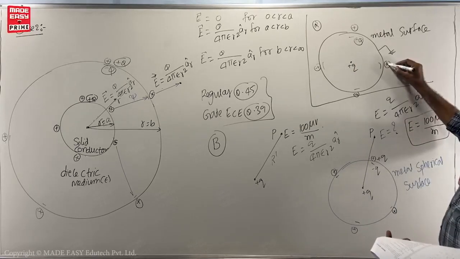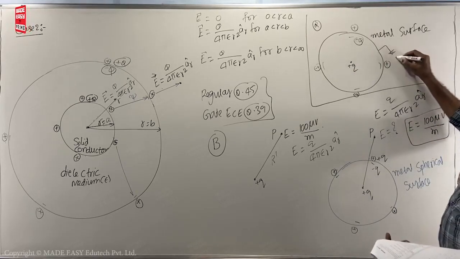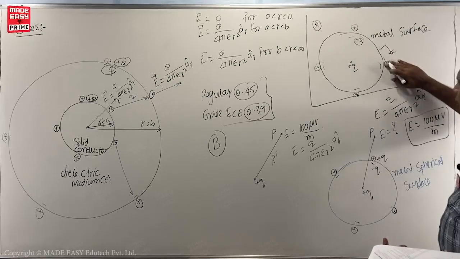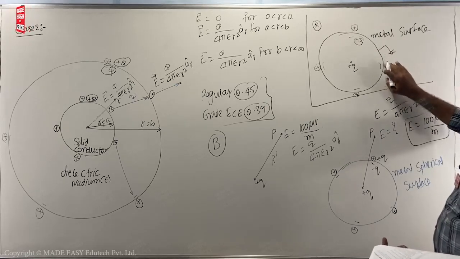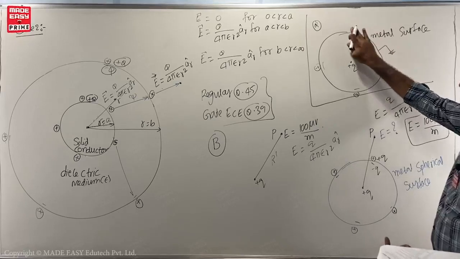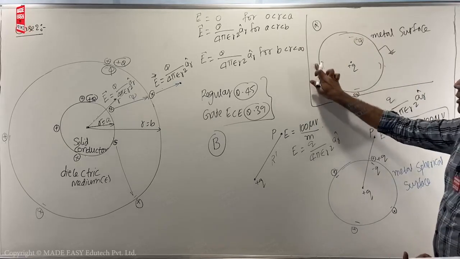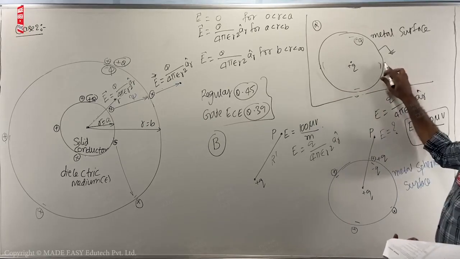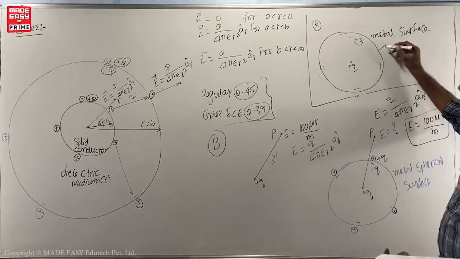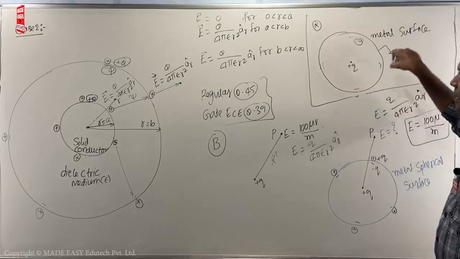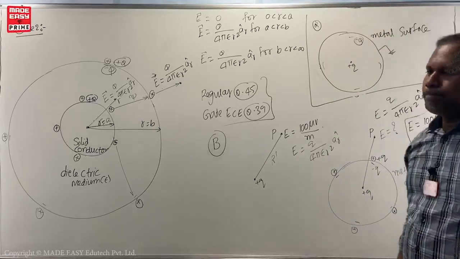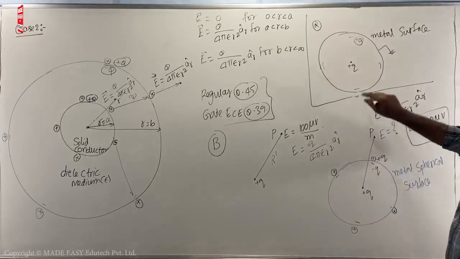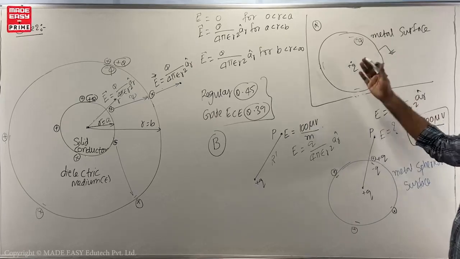Now this positive also attracts electrons from the ground, so electrons come and stay here and this becomes neutral, and similarly electrons come here and that becomes neutral, no need to show charge. So all become neutral. The conclusion is that if you put a grounded surface, the charge will not be there. You see this one also, this one also.